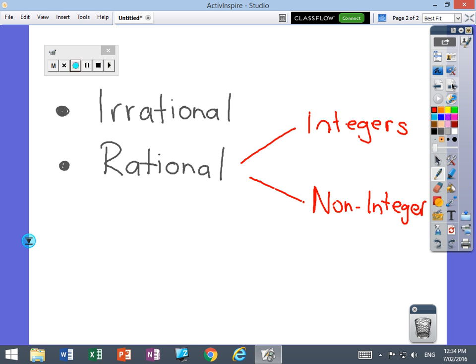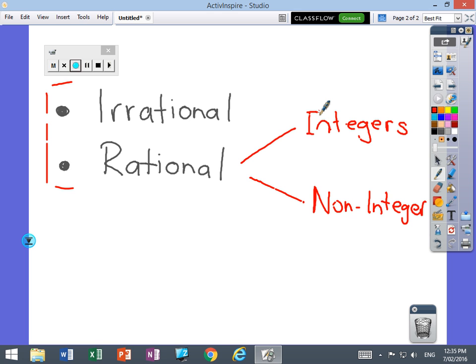So real numbers are both of these things. Now, rational numbers are then split themselves into two categories. One is called integers and one is non-integers.